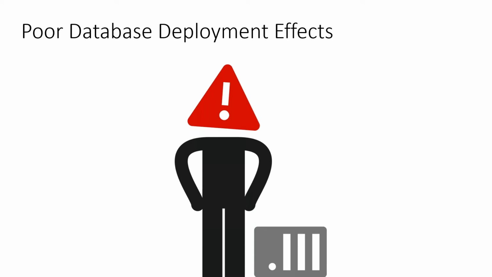Because of that, there are some poor effects if a database deployment goes wrong, and a lot of our customers have experienced those issues. So often databases are out of pace with that application development, which undermines the DevOps adoption that you're trying to push forward with.